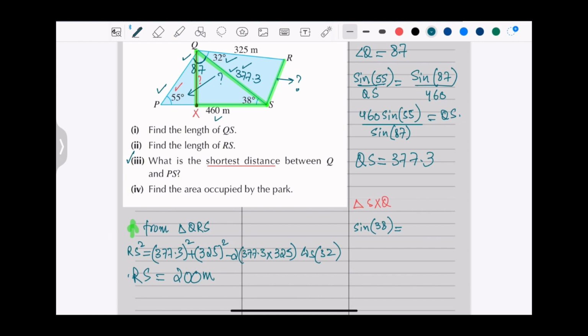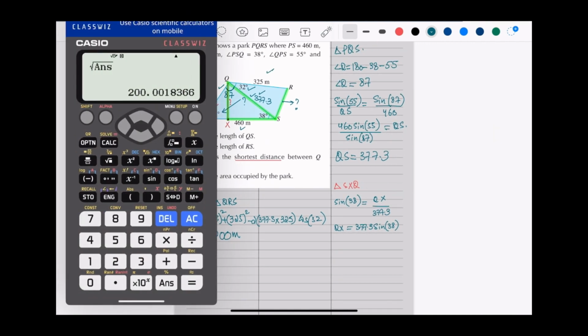So sine is opposite, which is QX over 377.3, and QX is going to be 377.3 sine of angle 38. So QX going to be 232.3.